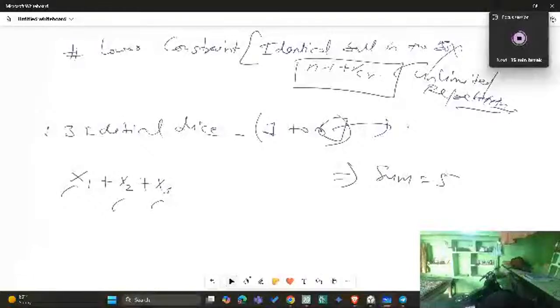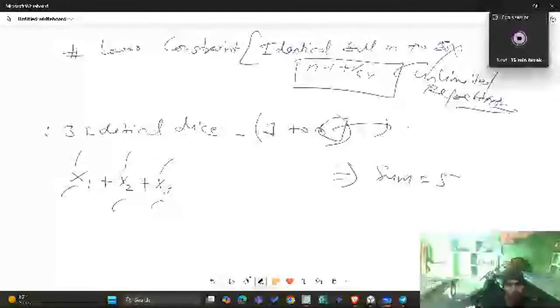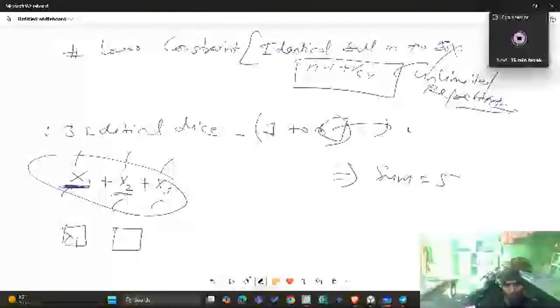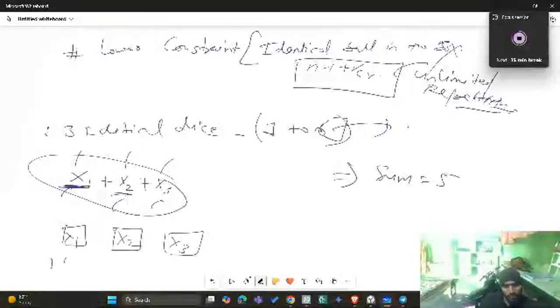There is a little bit of confusion here, guys. The dice are identical, but let's say this is dice one, dice two, dice three. This is box X1, this is box X2, this is box X3. Each box can get a value from 1 to 6.